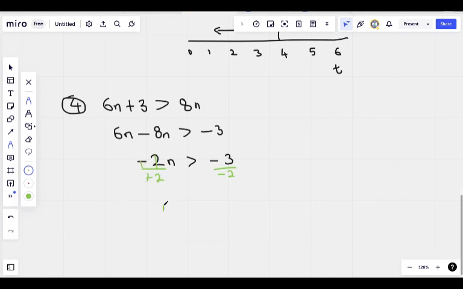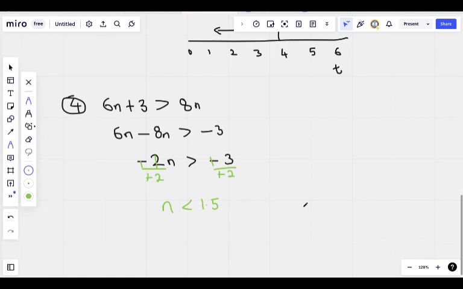We have n left on the left, and because we divided by a negative, the sign will change, right? From greater than, it will change to less than. 3 divided by 2, we get 1.5. N is less than 1.5.